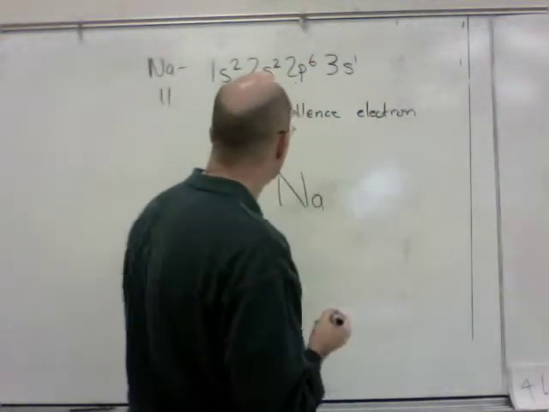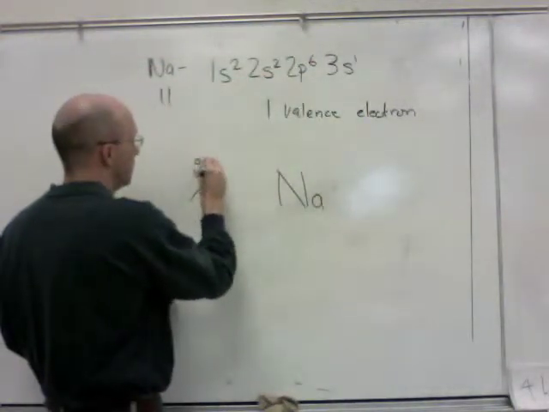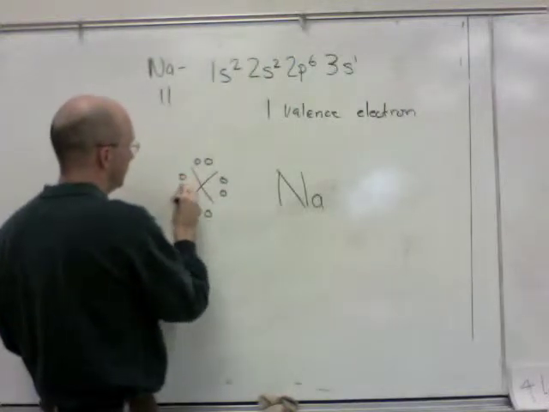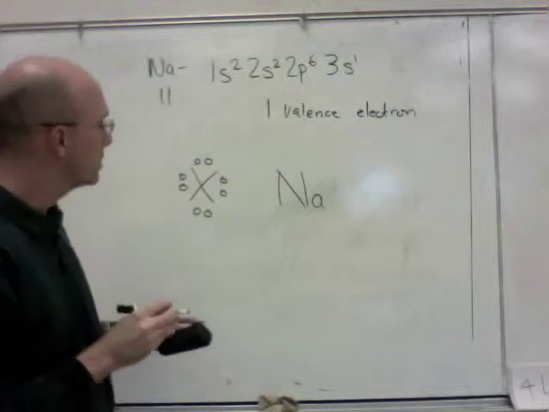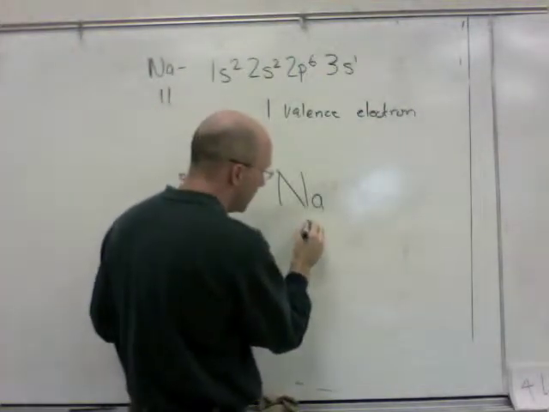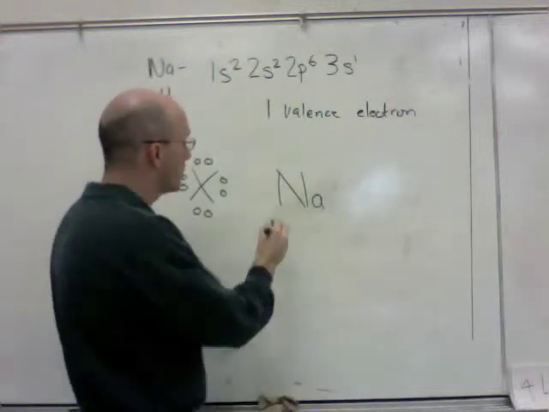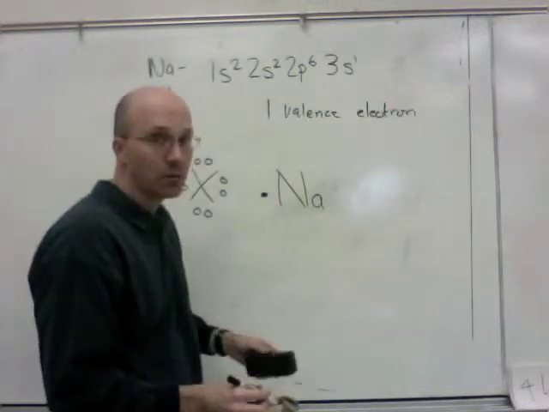If you recall, these were all the possible locations. If you had decided that you wanted to put the dot there, that would have been fine. You could have put the dot here, that could have been fine.